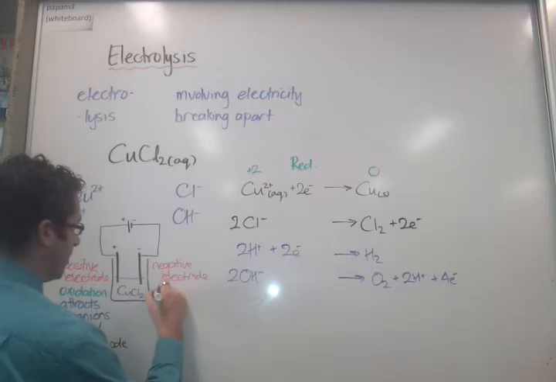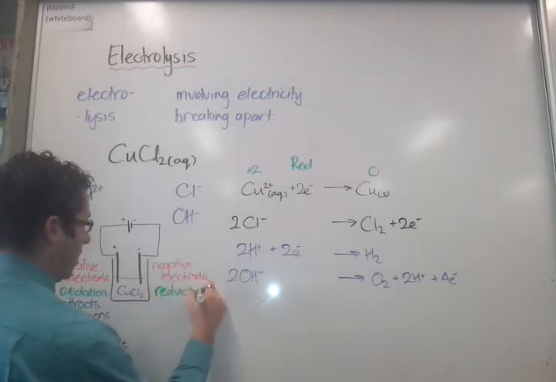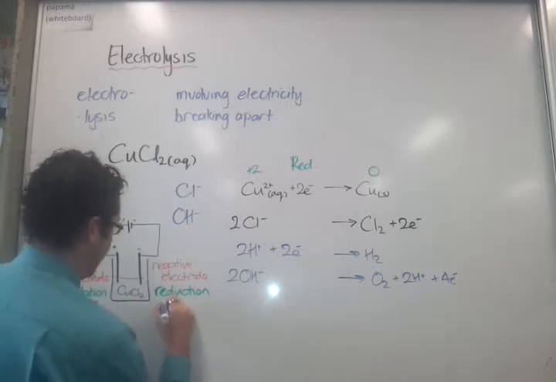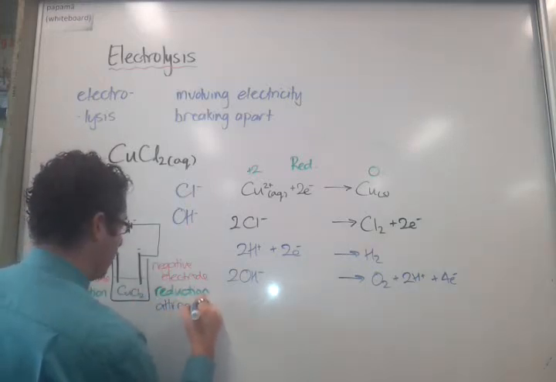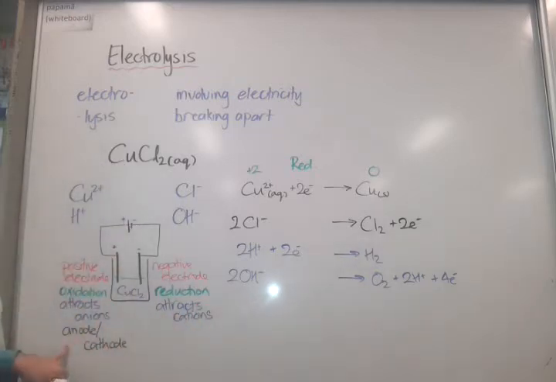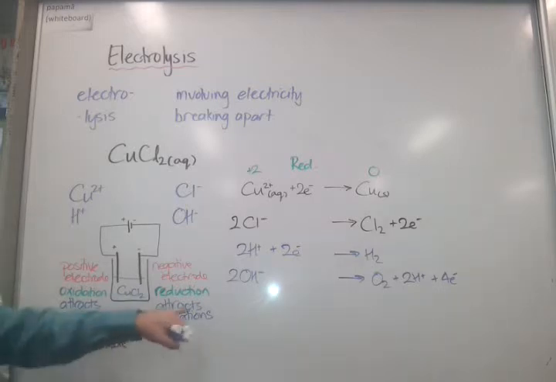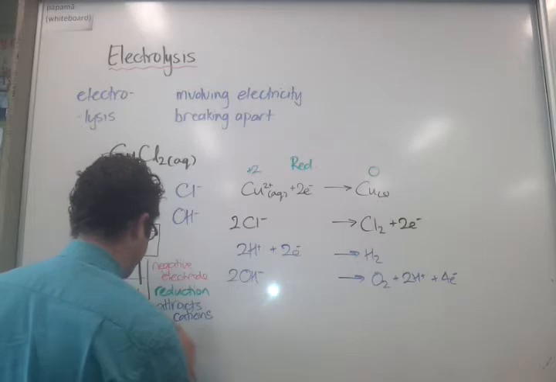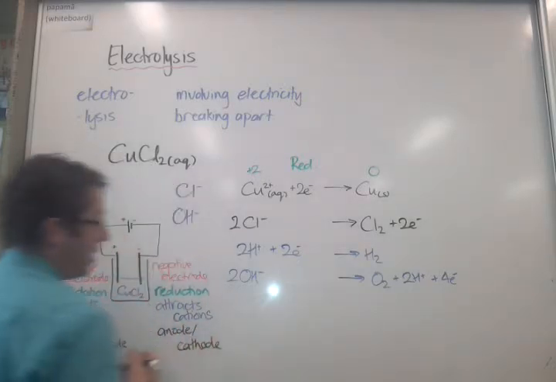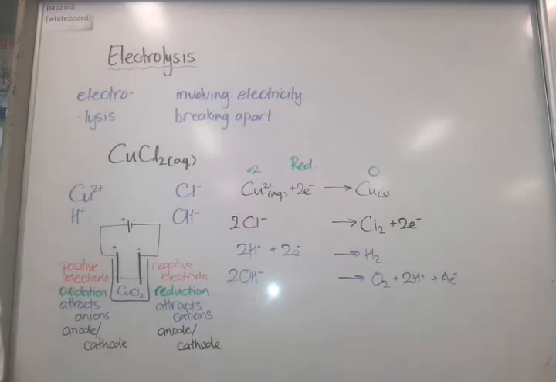Reduction, very good. If the other one attracts anions, this one must attract cations. And whatever you choose the first one to be, this will be the other one. So again, I'm going to put both words down. By the end of today, you need to know which one is which. So is this the anode or is it the cathode? You need to delete one there.